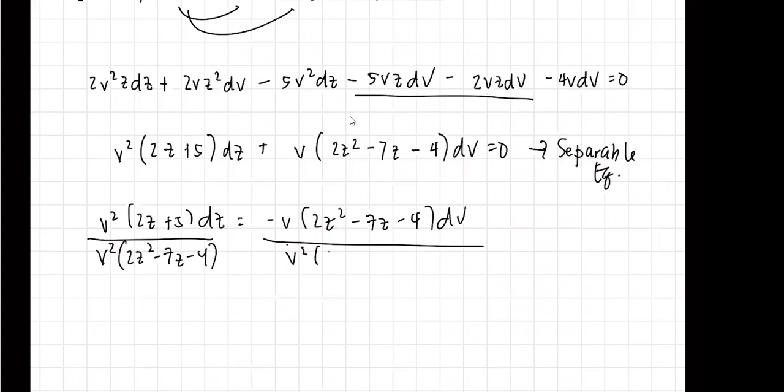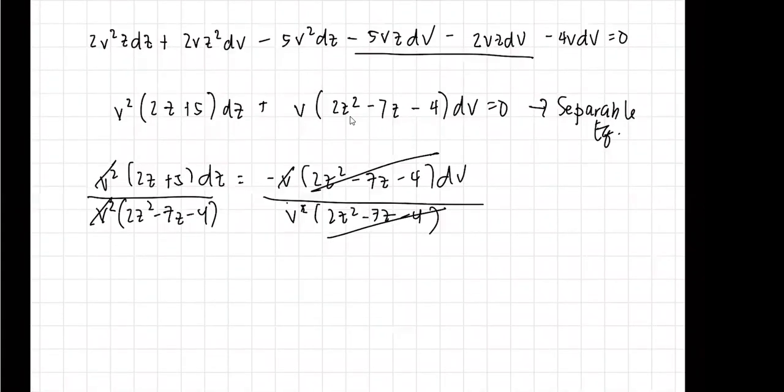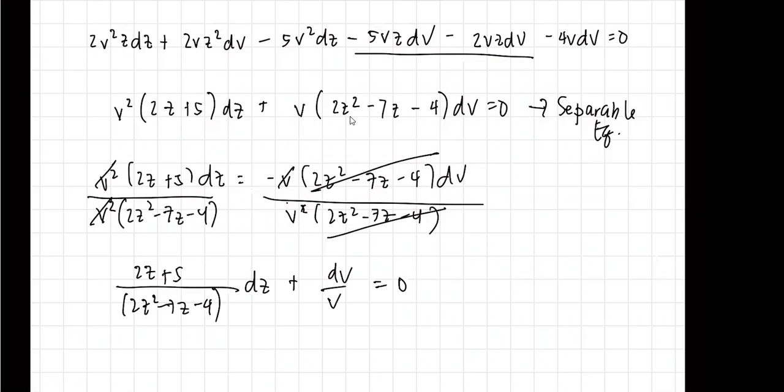So v squared, 2z squared minus 7z minus 4. So cancel out to. Cancel out to. Then cancel out to. So matitira will be 2z plus 5 all over 2z squared minus 7z minus 4 dz. Tapos i-transpose ko pabalik. So dv over v is equals to 0. Okay.